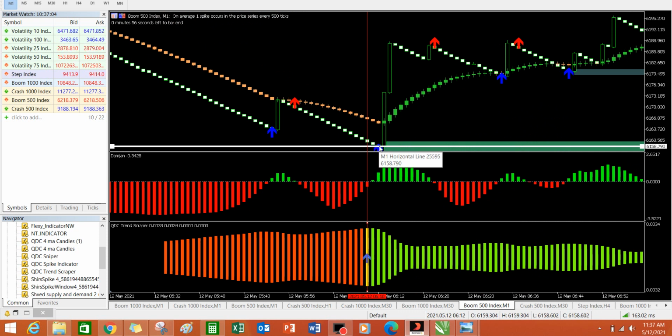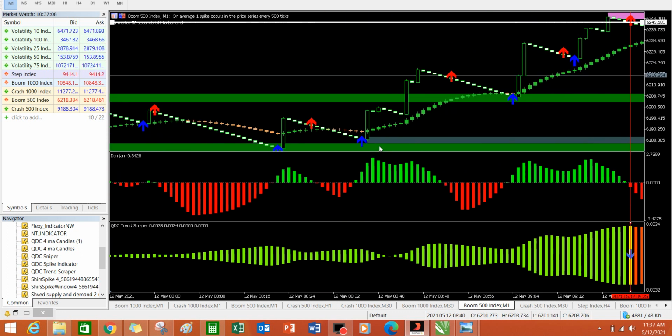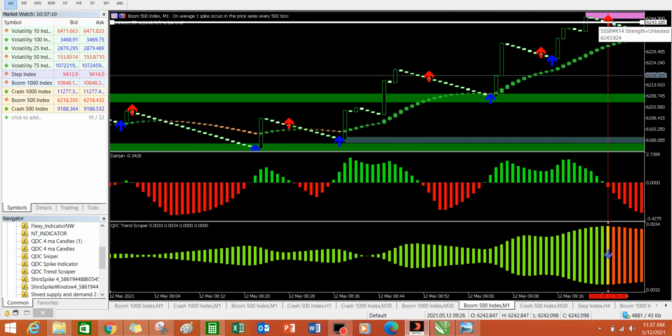We entered on this arrow, on this candle, and we are exiting the market here. Isn't that lovely? That is going to give you a lot of profit if you had followed that. This is amazing, it is unique, and it is beautiful. You would love it if you follow this strategy.